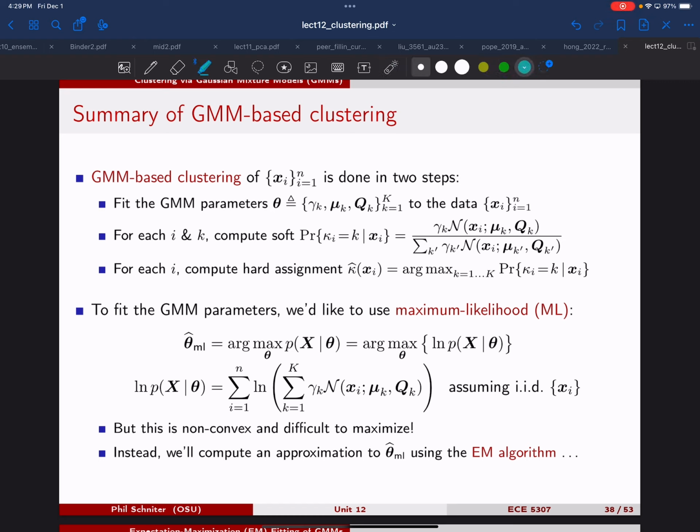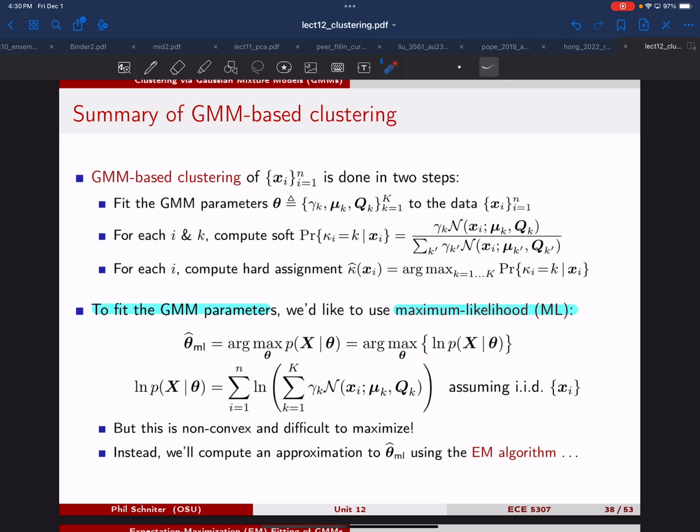Now, new topic. To fit the GMM parameters, we would like to do maximum likelihood. If we could do that, it would look like this. The optimal parameters are the ones that maximize the likelihood P(training samples | theta). As we know, instead of using the raw likelihood, I can use the log likelihood.